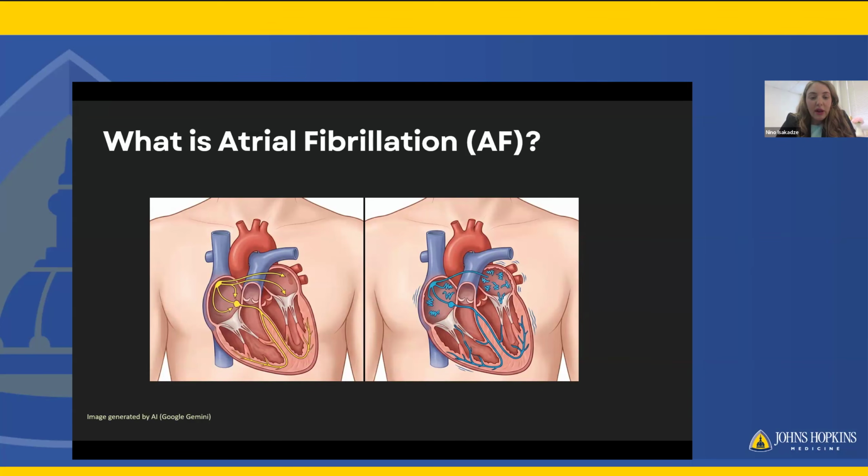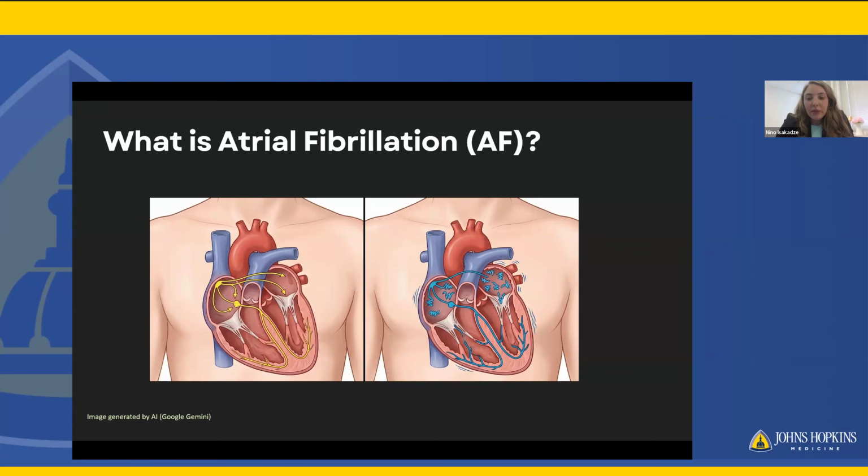This is an electrical bundle of cells, and the electrical impulses are then conducted throughout the top right chamber to another place called the AV node, which is a bundle of cells that conducts electricity from the top chambers of the heart to the bottom chambers. Electrical impulses are also conducted from the right top chamber to the left top chamber of the heart.